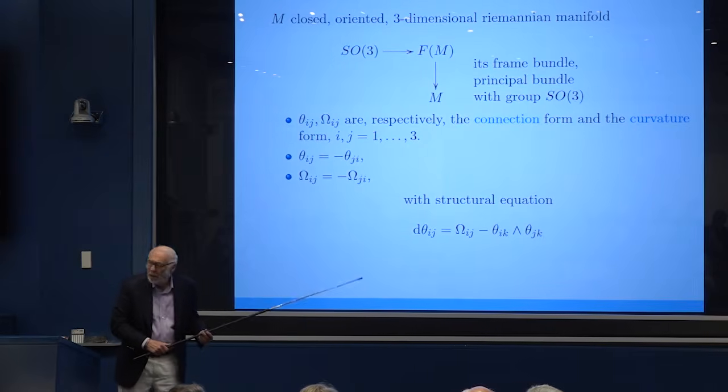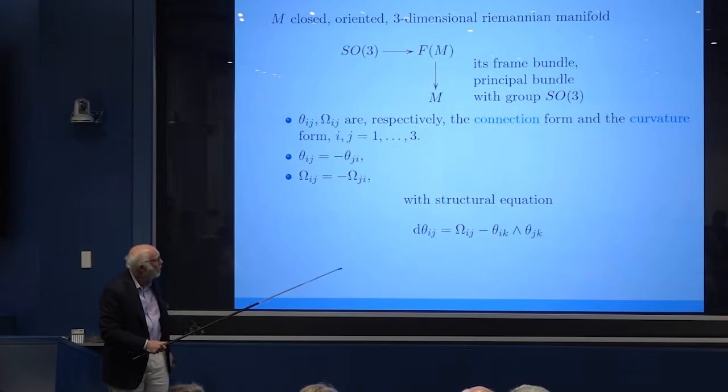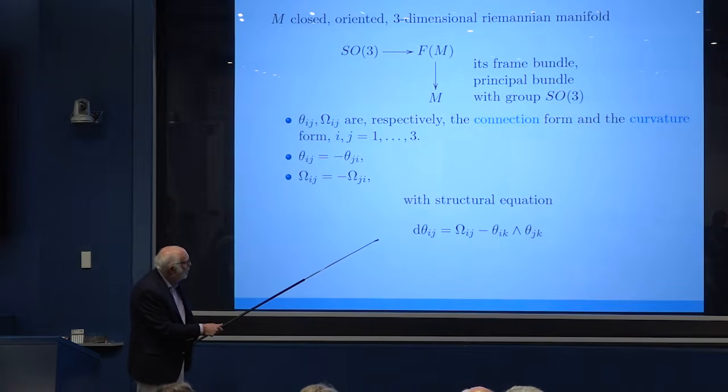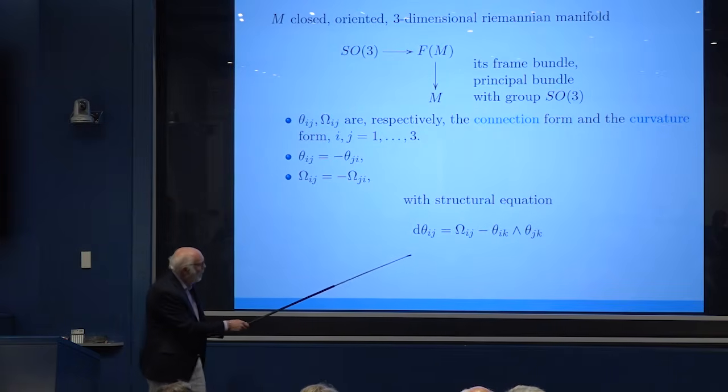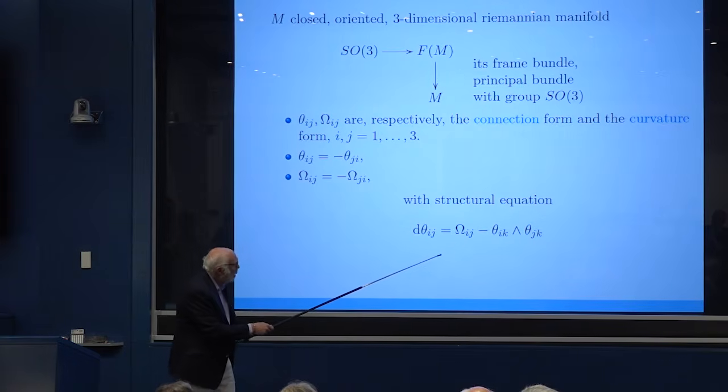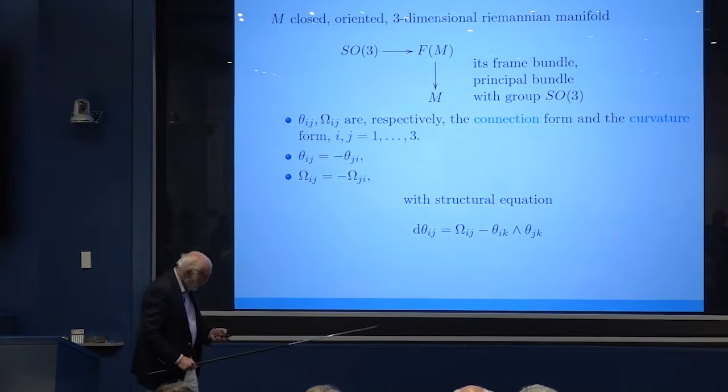And this is the standard structural equation. The exterior differential of θij is, well, what it says here, Ωij minus the wedge product of θik and θjk.